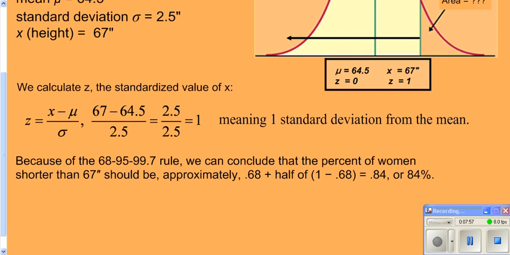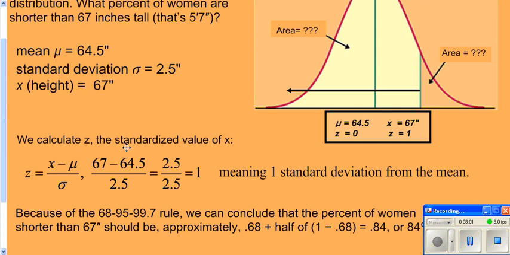So this basically boils down to the following. If you were one standard deviation on each side, you know that this center part here is 68.